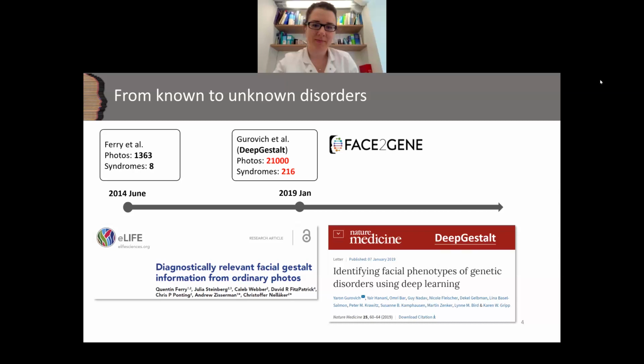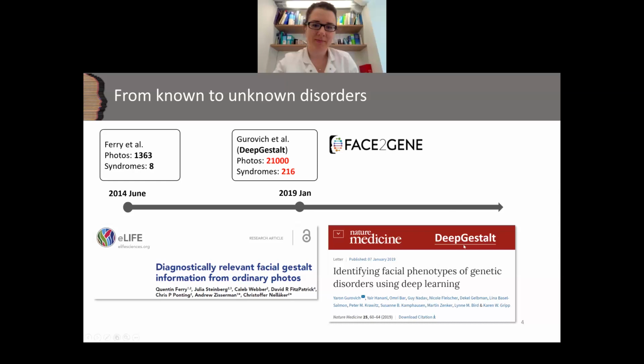They started at a scale of around 1,300 photos with only 8 syndromes, around 10 years ago. After 5 years, a company called FDNA, which has an online platform called Face2Gene, shown on the right-hand side here, published a method called DeepGestalt.